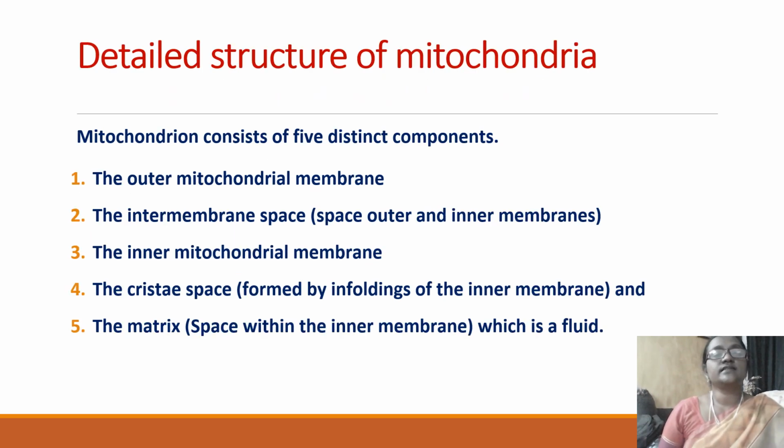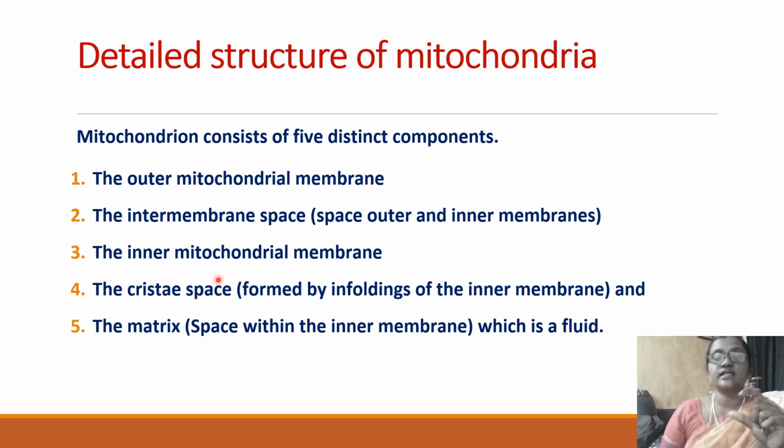Now let us see the details of the structure of a mitochondrion. A mitochondrion consists of 5 distinct components. First is the outer membrane, that is the outer mitochondrial membrane. Then it has an intermembrane space, the space between the outer membrane and the inner membrane.